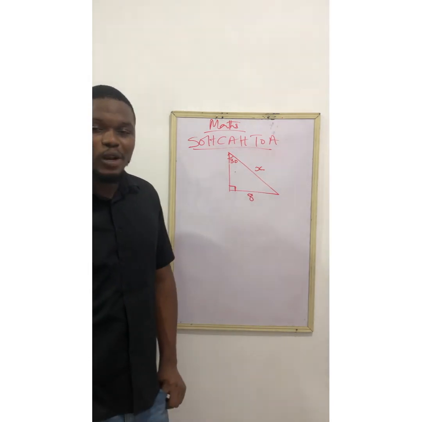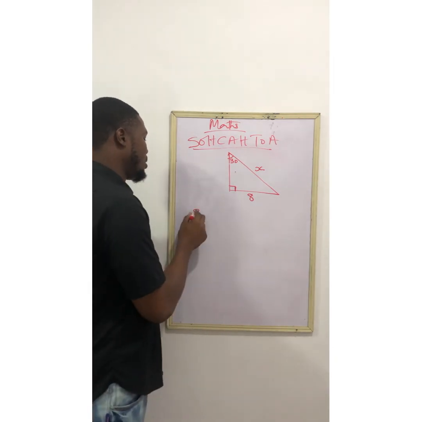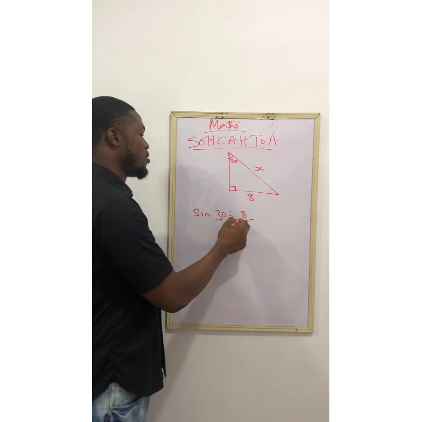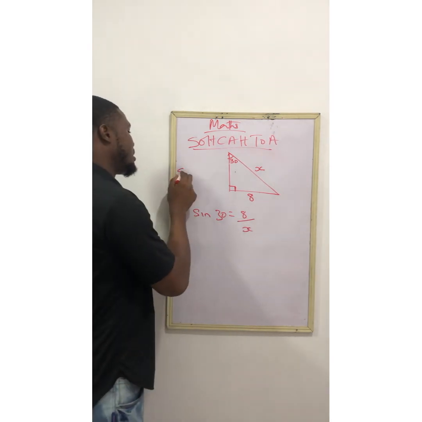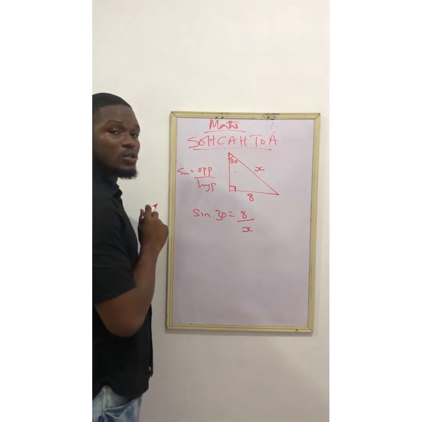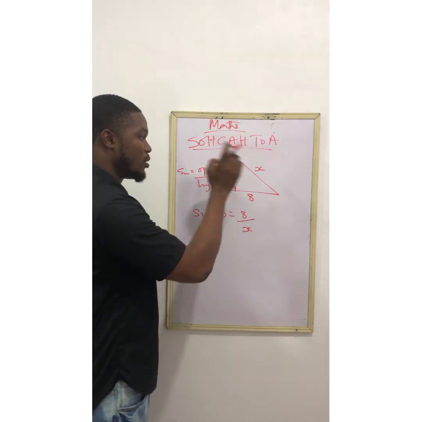And which of the formulas deal with opposite and hypotenuse? That's sine. So that will become sine 30 equals opposite 8 over hypotenuse x. Because the formula for sine is sine equals opposite over hypotenuse.